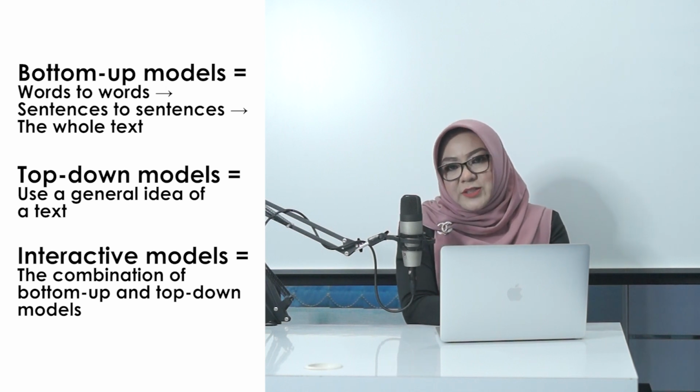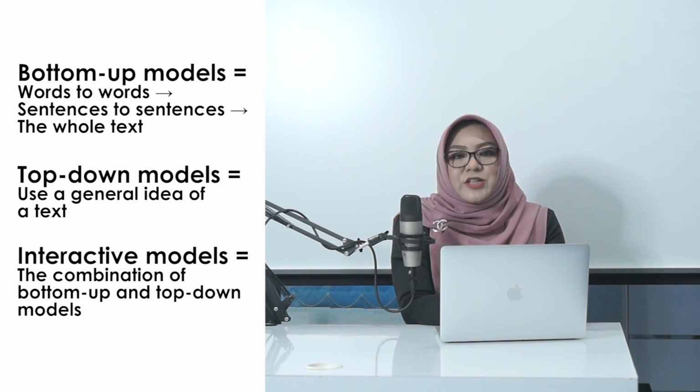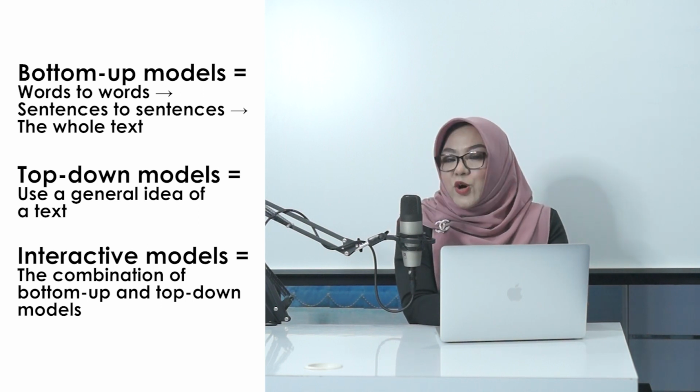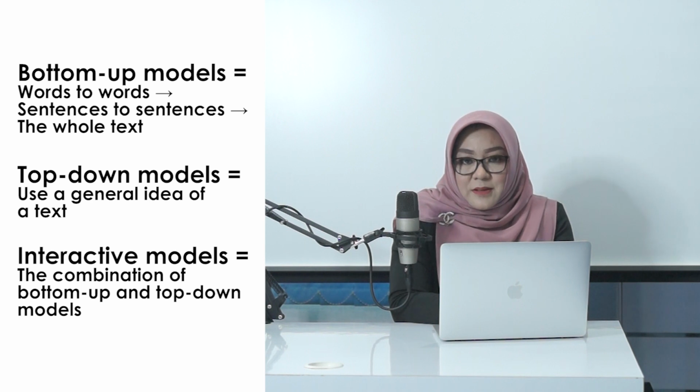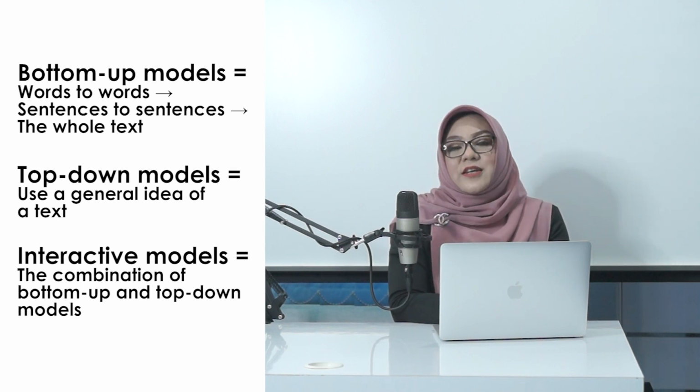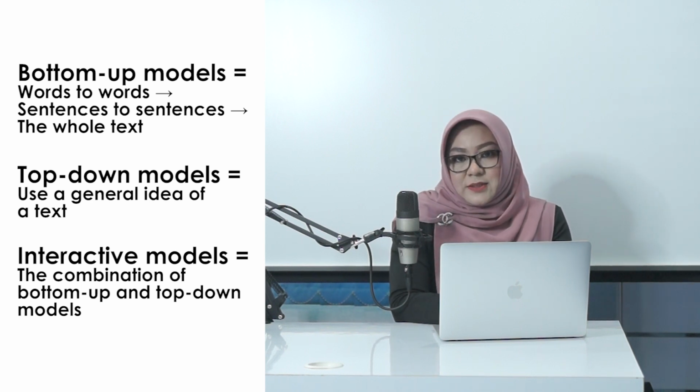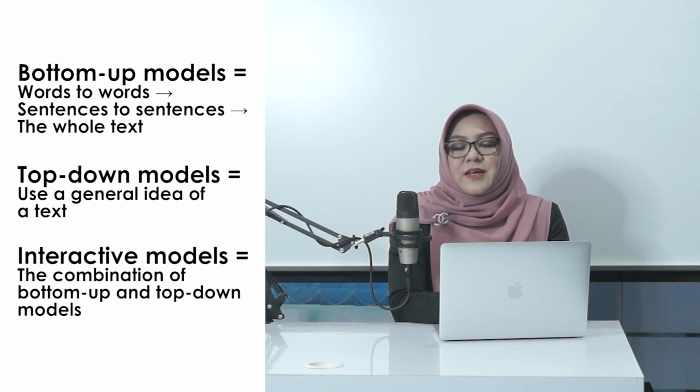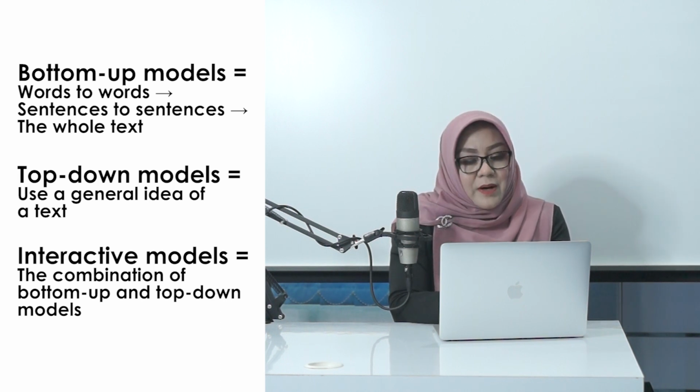While the top-down models is that you start teaching your students by using the general idea of a text. The third model of reading is interactive model. This model is the combination or integration of bottom-up models and top-down models.